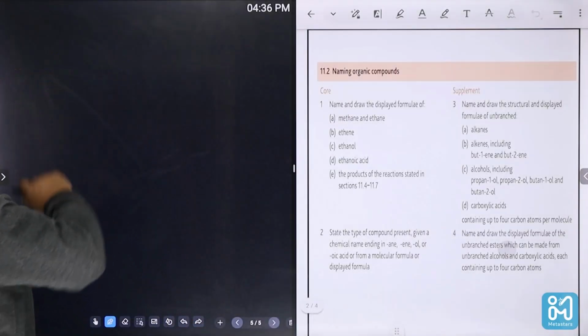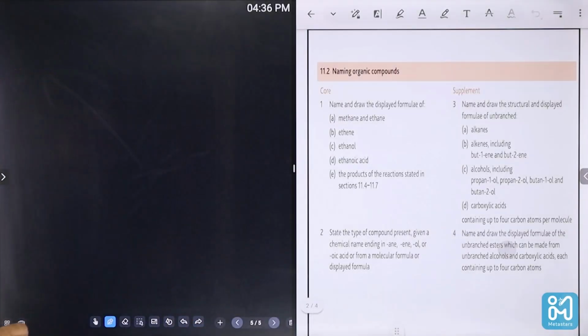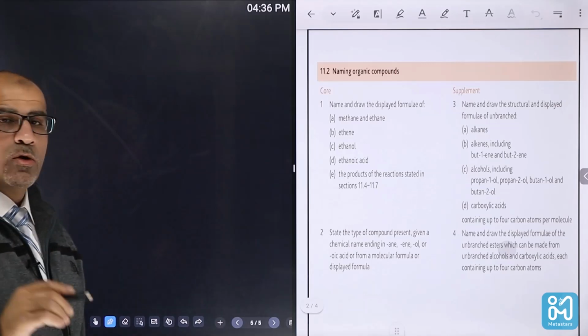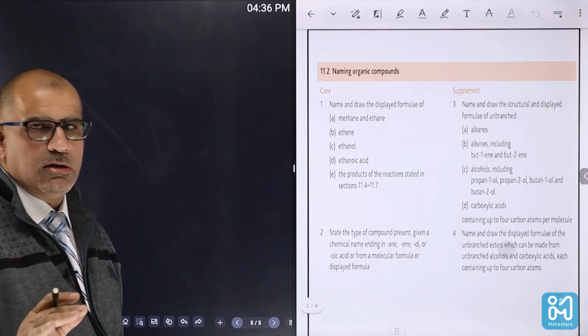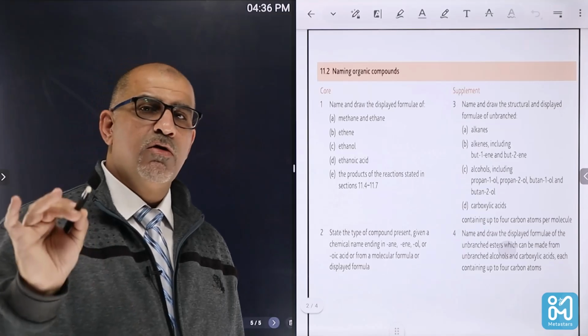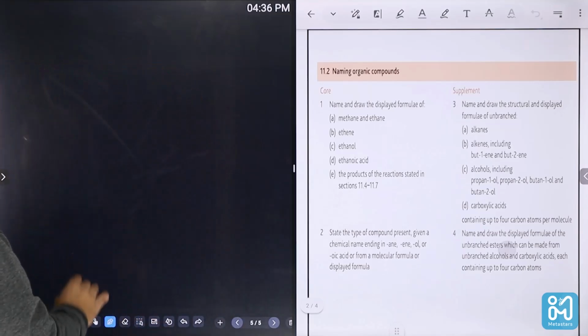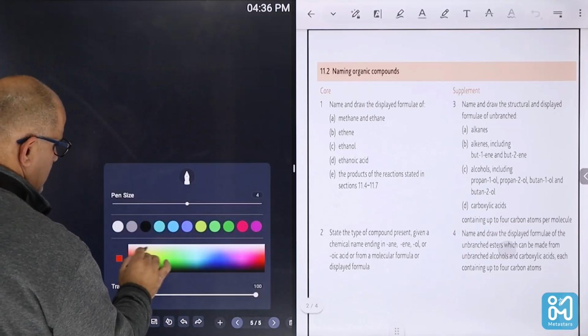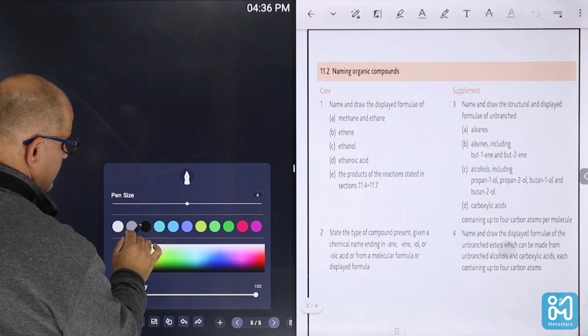We want to talk about the structural isomers, where they are positional structural isomers for alcohols. We can name these different structures like that.